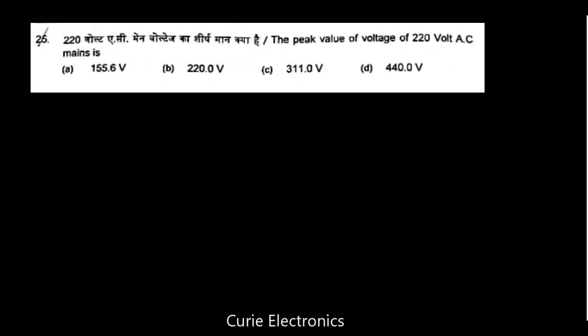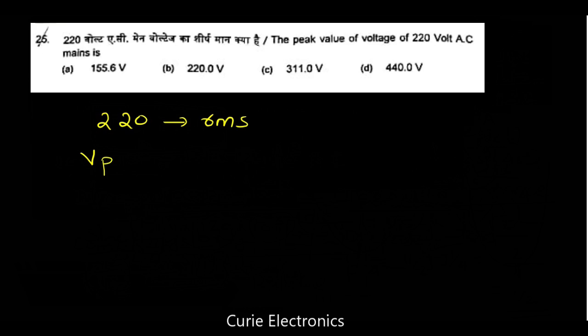Question number 25. The peak value of voltage of 220 volt AC mains is. Whenever we say AC, it is the RMS value he is giving always. So what is the peak value?